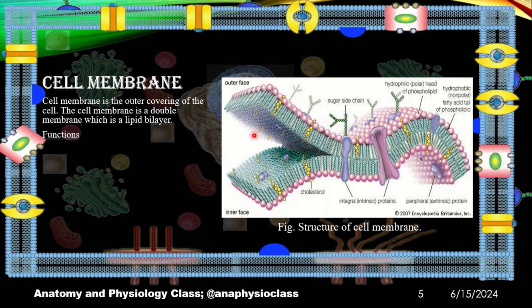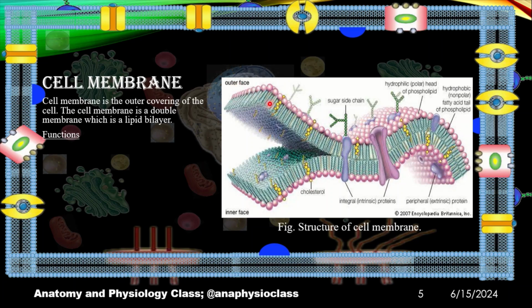Starting from the lipid component of the cell, each and every lipid molecule of the cell is composed of a head and a tail. The head is made of phospholipids, a combination of phosphorus and lipids, and it is hydrophilic in nature, which means it allows water soluble substances to pass through it.